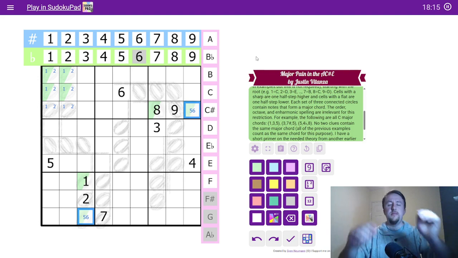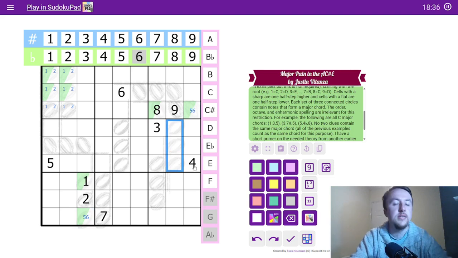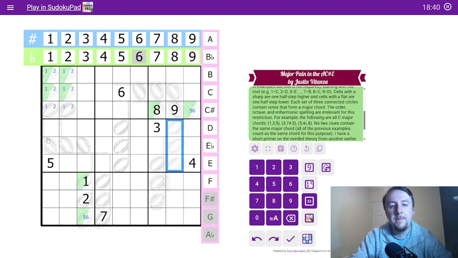So, C sharp. C sharp major, if it does exist, it needs a sharp 5, so it can't have a sharp 1, it must have a flat 2. It must be 2, 4, 5. That's the only way of making C sharp major work. So it can't be here, because there's a 4 in the box already. It can't be here.